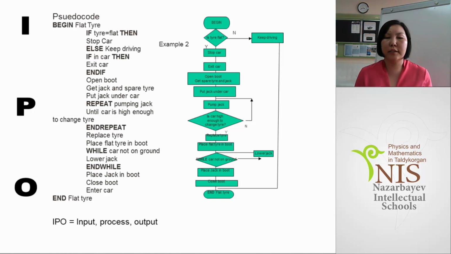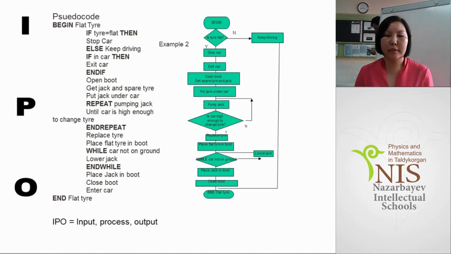Here you can see that the pseudocode begins and the program is called flat tire. There is a decision: if tire is flat, then stop car, else keep driving. And another decision: if you are in car, then exit car. And there is an end of this decision.